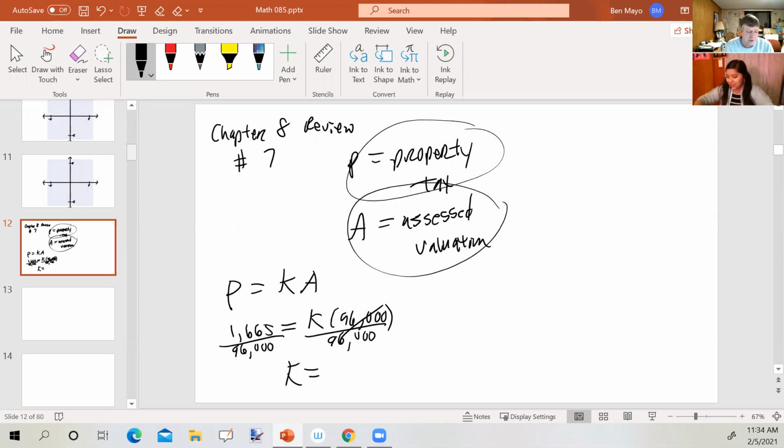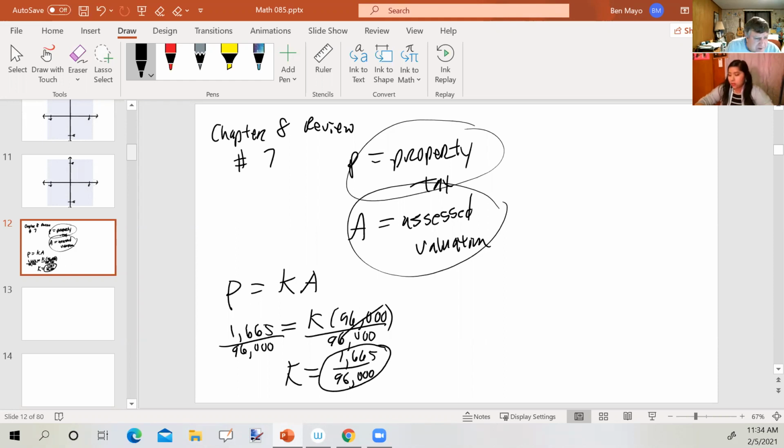I get 0.01734. So now here's what I'm going to do. My final answer is not K, but I'm going to use K. I'm just going to leave it as 1,665 over 96,000. Should they have asked me to get K, I could have reduced it, but I'm going to use a calculator anyway.